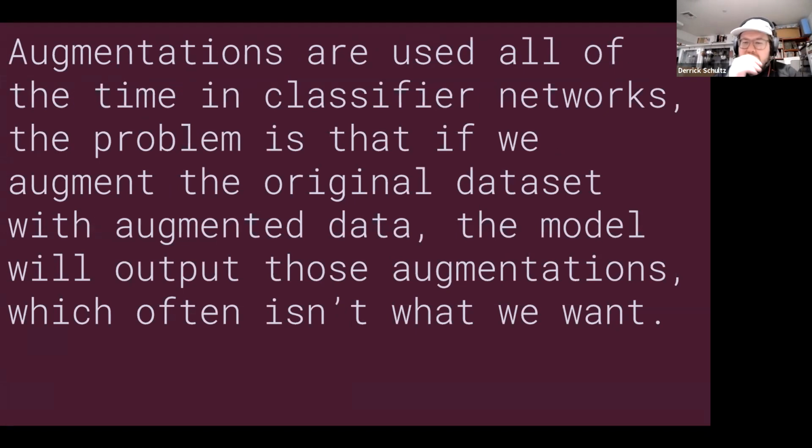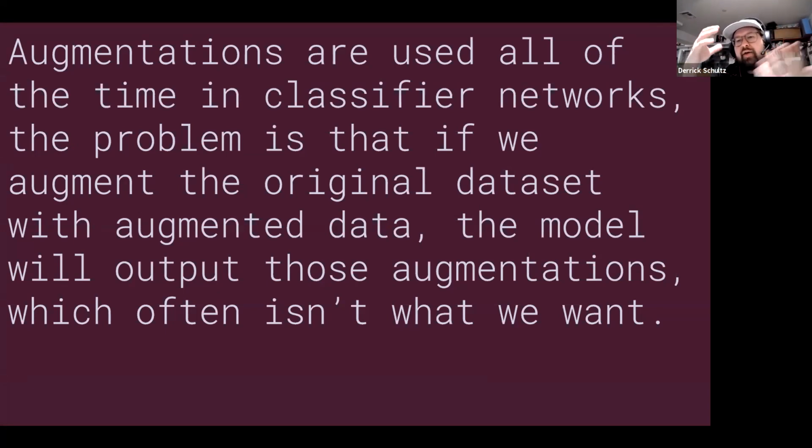And this makes sense because the whole point of a classifier is to look at an image and say, that's a cat in that picture, or that's a human in that picture. Speaking of cats, if I show you a photo of a cat, but it's behind a couch, and you're only seeing half its face, you still want the model to be able to say, oh, that's still a cat.